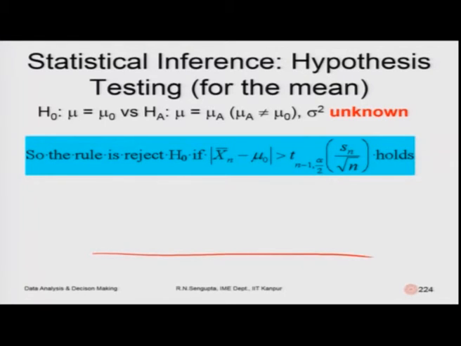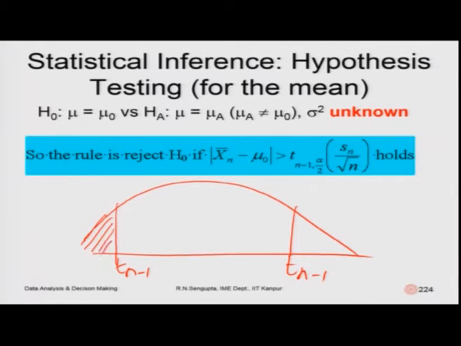So, again the same t distribution. I am trying to draw the diagrams in order to make you understand. So, these are the t values. So, this is t n minus 1, t n minus 1. Now, look at this important thing. This whole area on the left would be alpha by 2, and this whole area onto the right is alpha by 2.